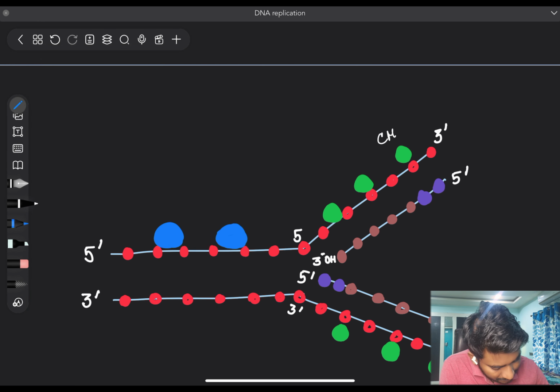Here it is CMP and GMP, cytosine monophosphate and guanosine monophosphate.